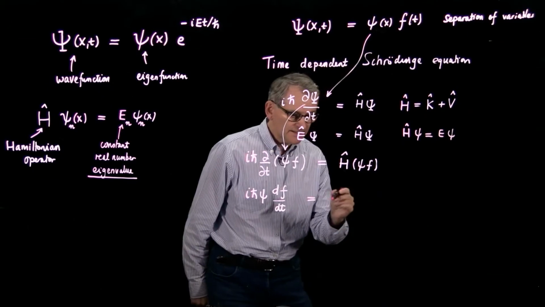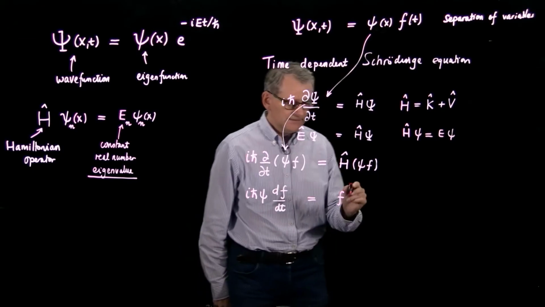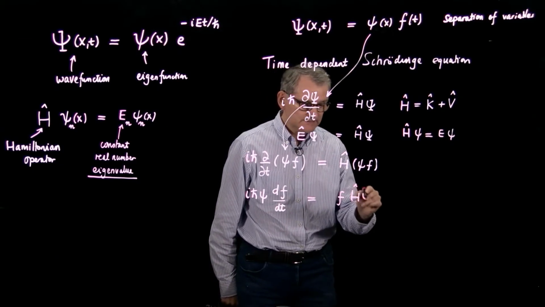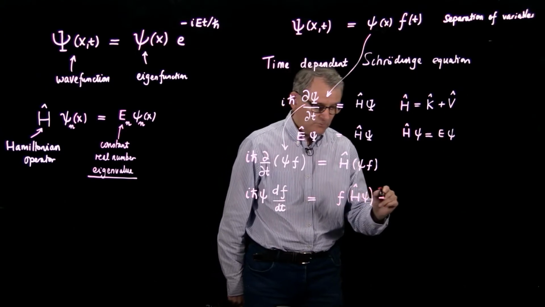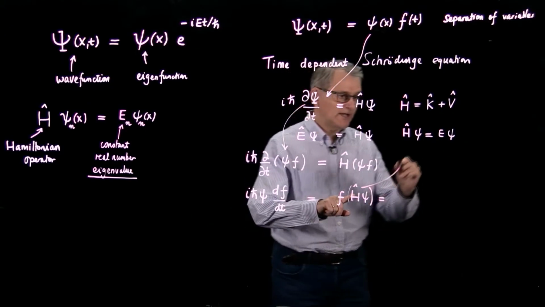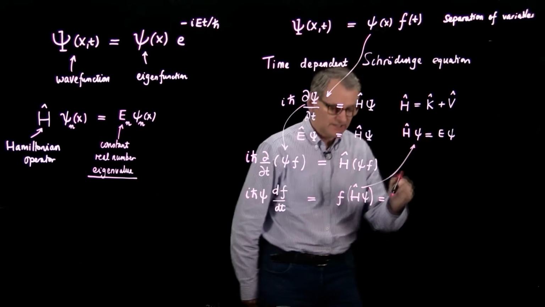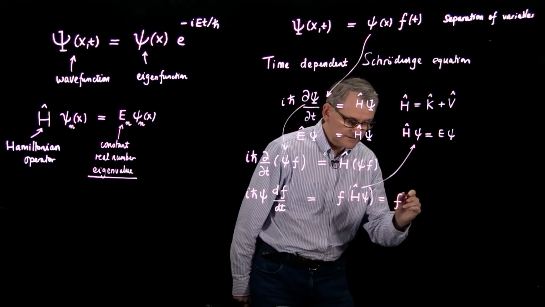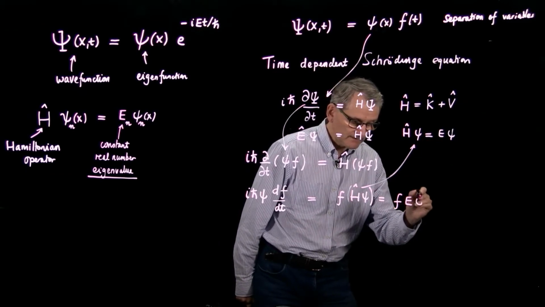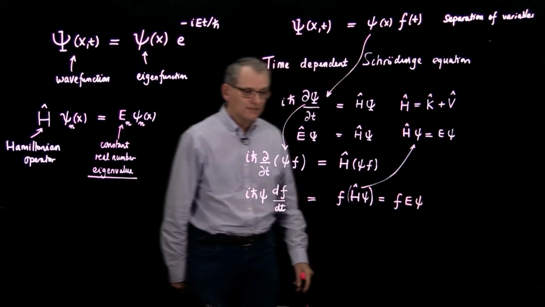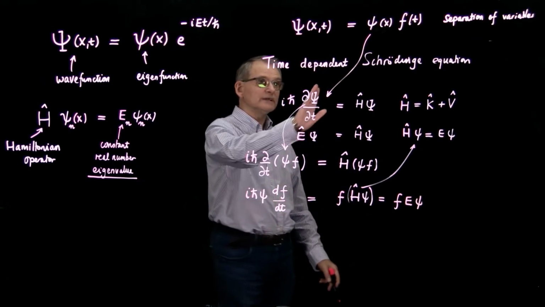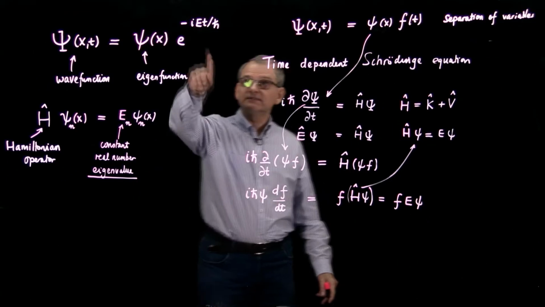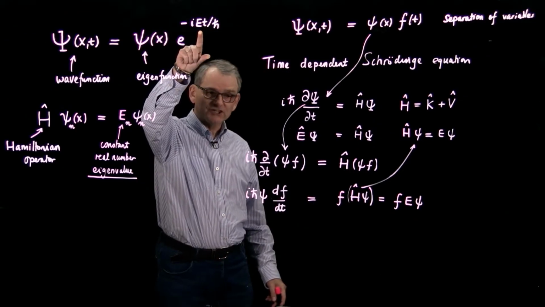So I can take out f here, and then I can act on psi. But since h acting on psi gives me the energy eigenvalue, then I can write this as E psi. Now this will only work if, as I said, the energy is fixed, it's constant, it's a stationary state.